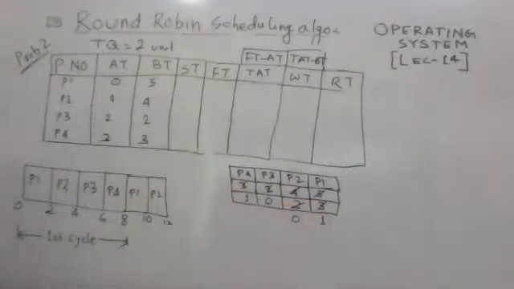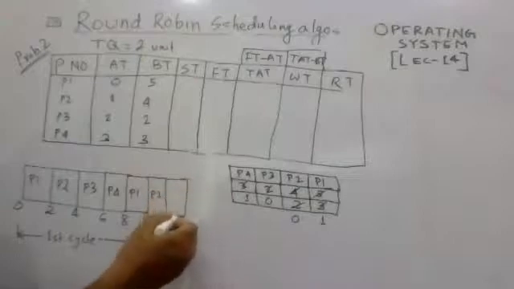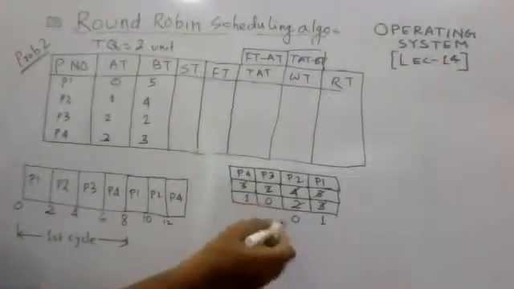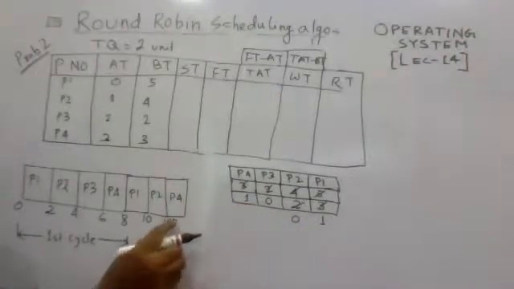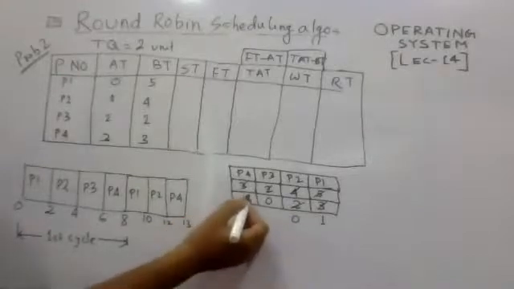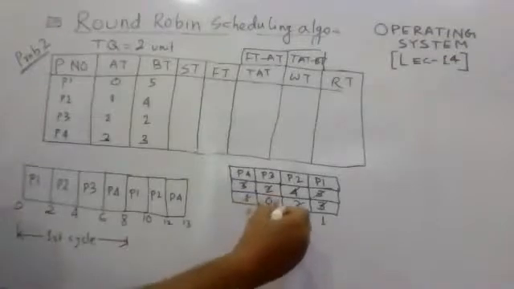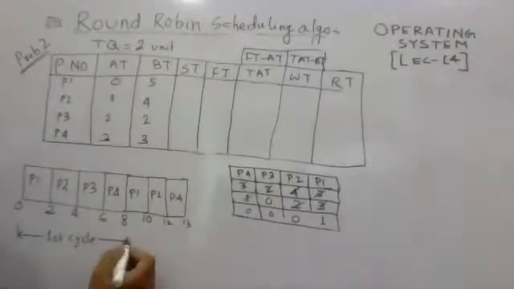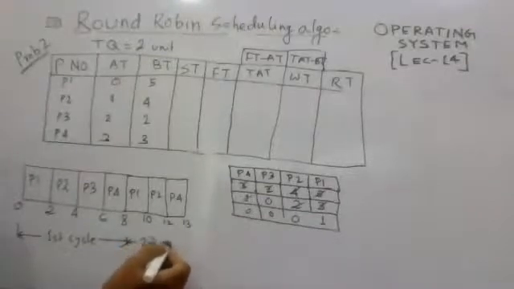So P2 completed. And the next process which we assign is P4. Actually P3 already terminated. So here we have only one time unit, so this will be 12 plus 1, that is 13. So P4 also completed and terminated. So this is the second cycle.